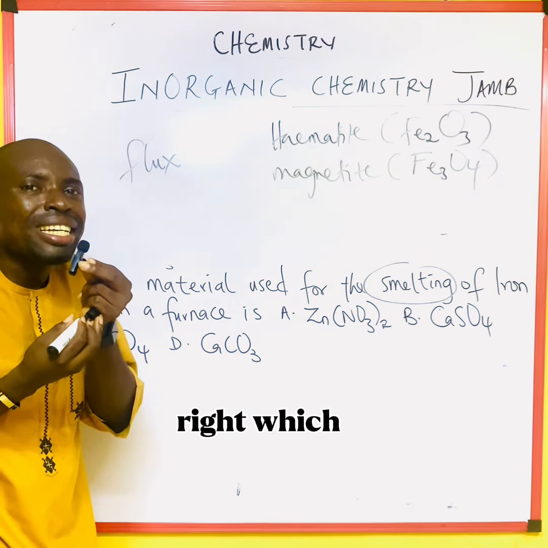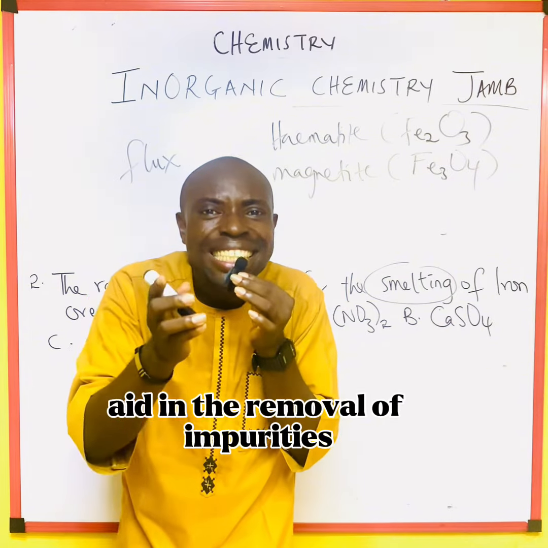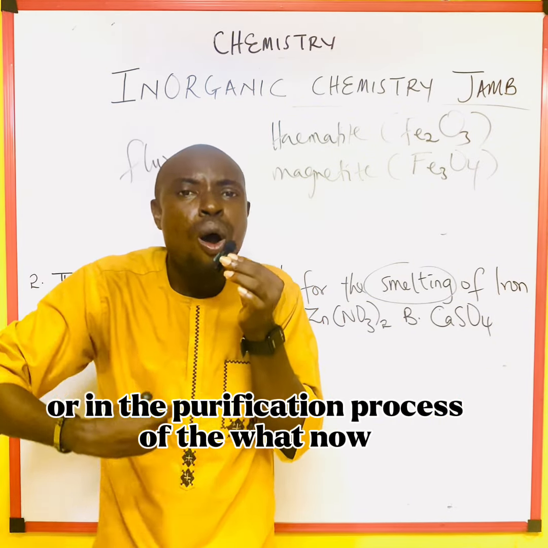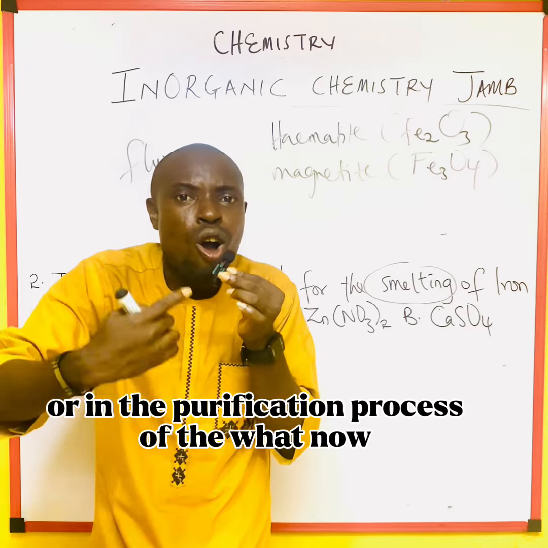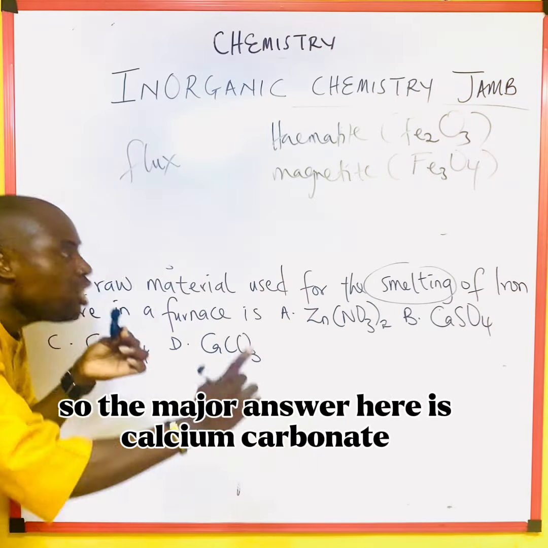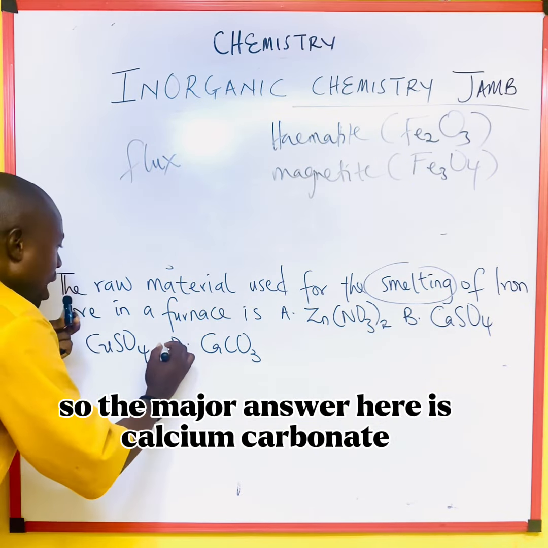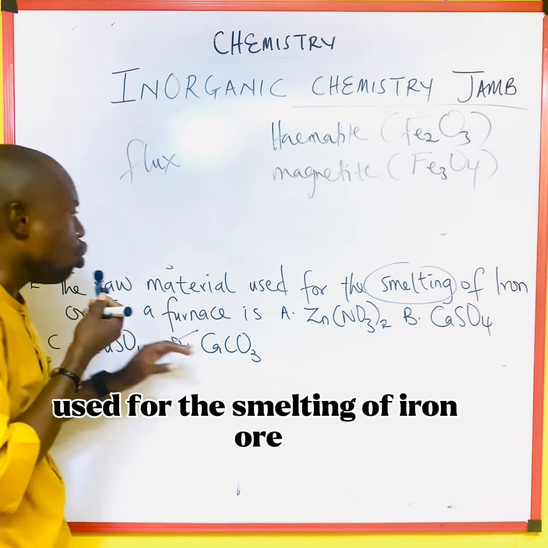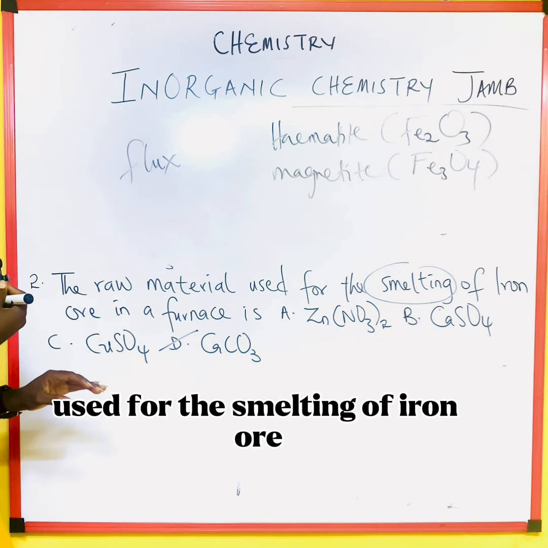which aids in the removal of impurities, or in the purification process of the smelting of iron. So the major answer here is calcium carbonate. Calcium carbonate is the raw material used for the smelting of iron ore.